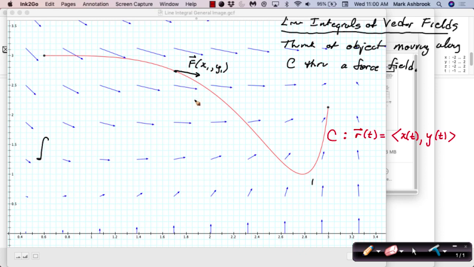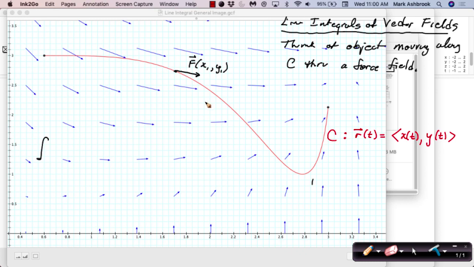So what component of the force helps or hinders the object as it moves along that path? It could be vertical, horizontal, parallel to the curve, or orthogonal to the curve. Those are the possible directions.